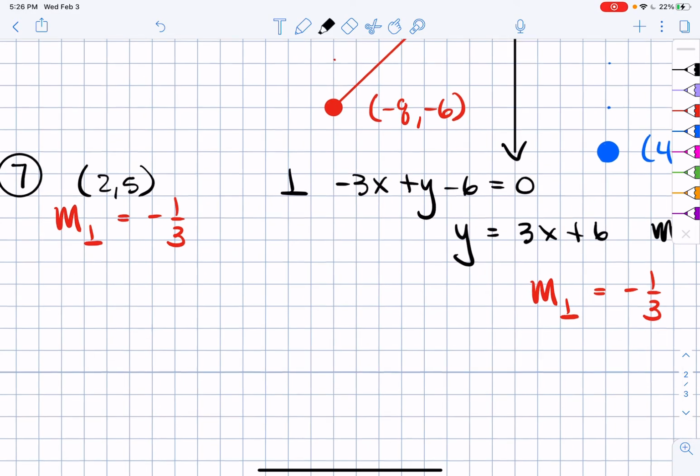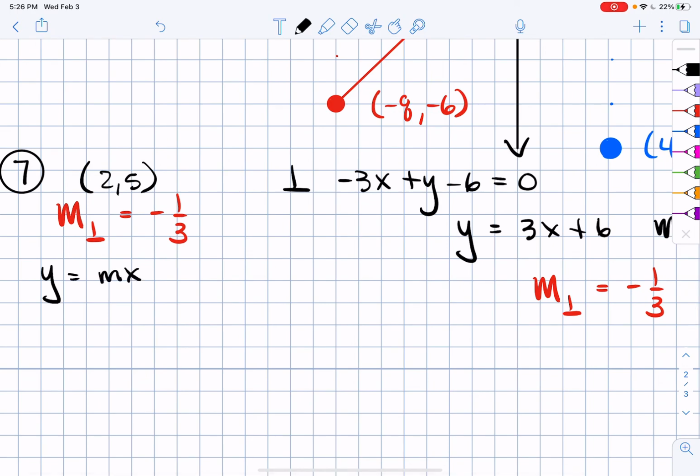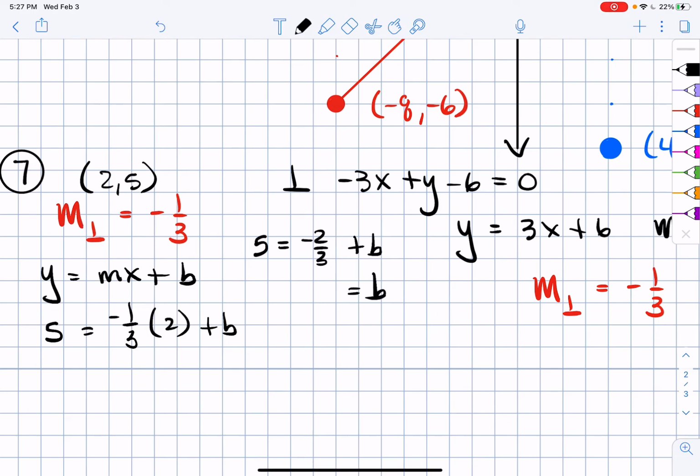Okay? So my favorite one is y is equal to mx plus b. Plug the y in for y. Plug the m in for m times the x plus b. So what I have now is that 5 is equal to negative 2/3 plus b. So my b is going to equal, add the 2/3 over to the other side, 17/3.